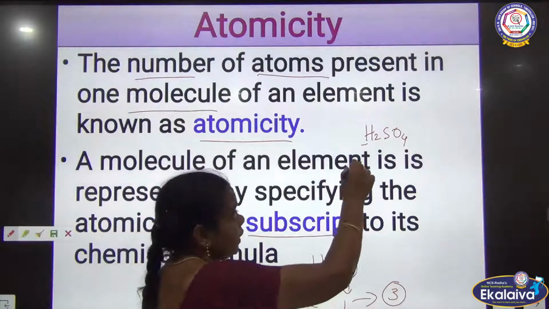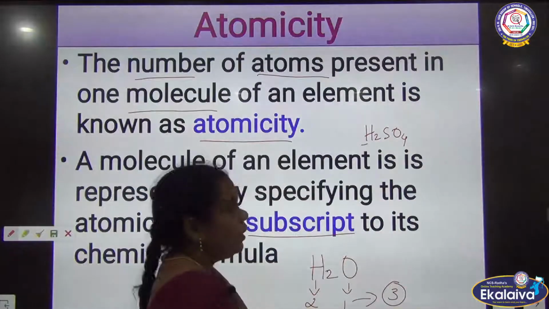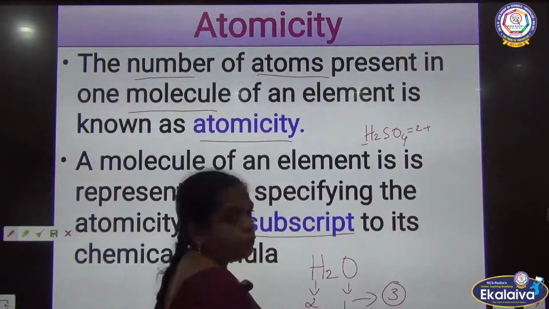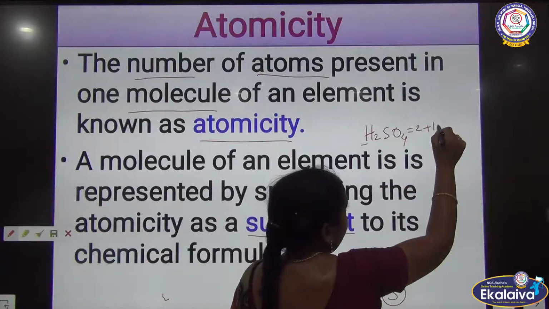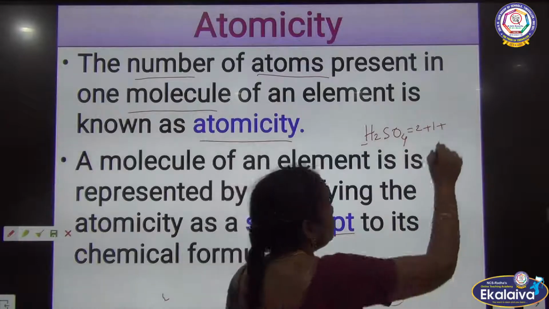Now count and see: the subscript for hydrogen is 2, for sulfur it is 1, and for oxygen it is 4.